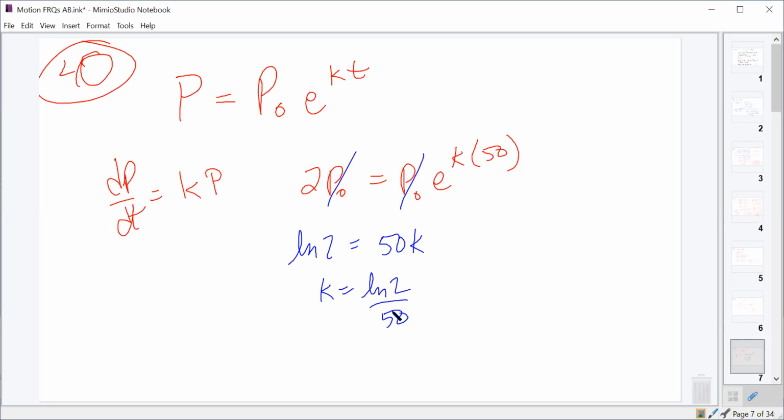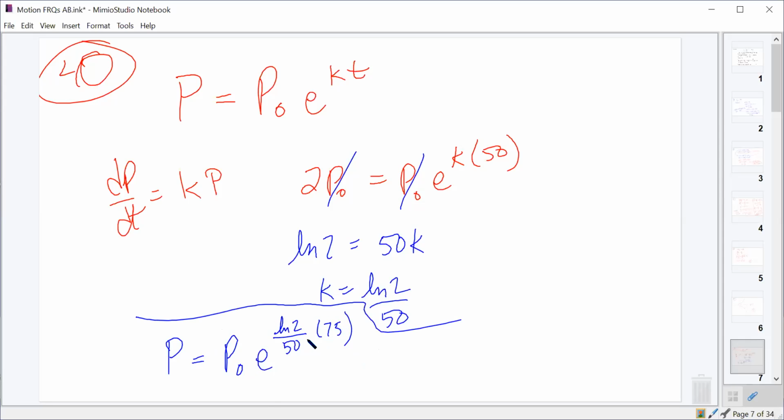And we want to know what the ratio of the population to the initial population is after 75 years. And so we would say final population equals initial population e to the natural log of 2 over 50 times 75. And we would just then simplify this out to figure out the relationship between P and P naught.